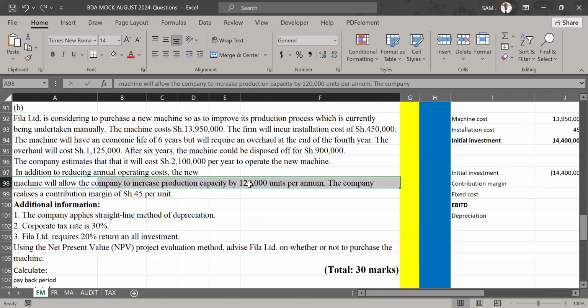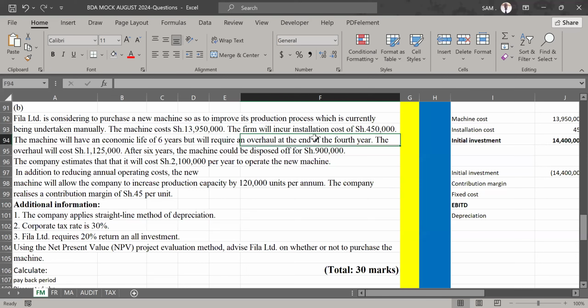For us to realize this productivity level of 120,000 units per annum, that increase in productivity level, we have to make sure the machine is at its best working condition. For us to ensure that happens, we will have to overhaul this machine at the end of year 4. And that overhaul itself will also cost us some money.